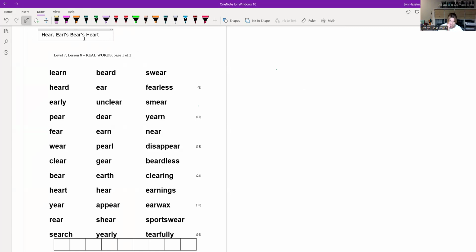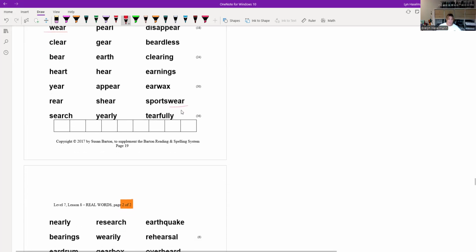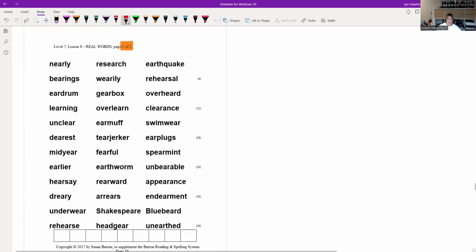Here, Earl's bear's heart. Okay. Something like that. That'll help get them all of the different things. Most of the airs in here, if I remember right, there's just very few words. You've got a lot of wears. Sportswear, wear, swear, another air, wear.